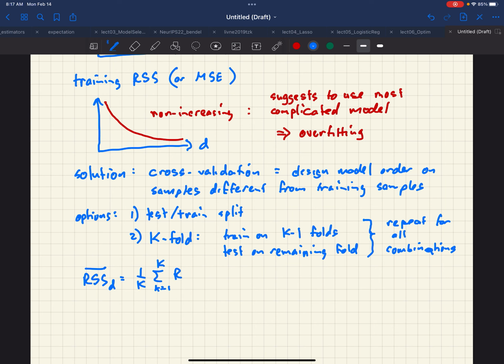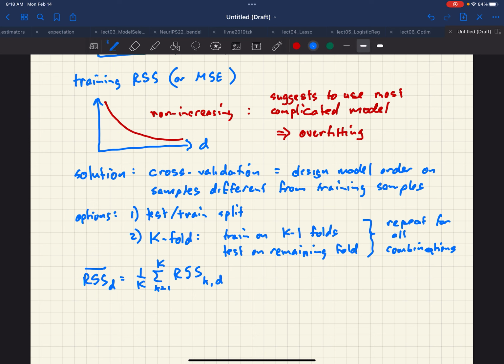If we take the estimate of the RSS, first of all, we do this for each model order hypothesis D. For each D, we compute k different RSS estimates from our different folds, and then we can get the sample average of that. And this is going to be for every hypothesis D.